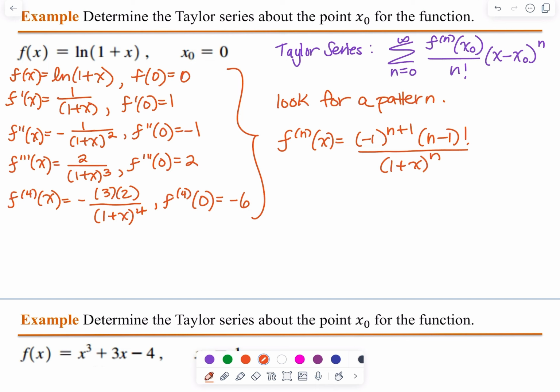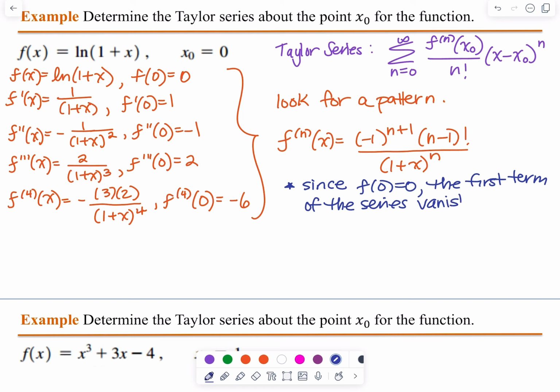Now let's make a note. Since f of 0 is equal to 0, the first term of the series vanishes. So basically, we will begin or shift the index to start at n equal to 1.